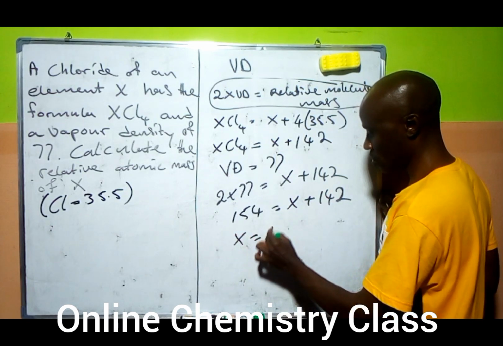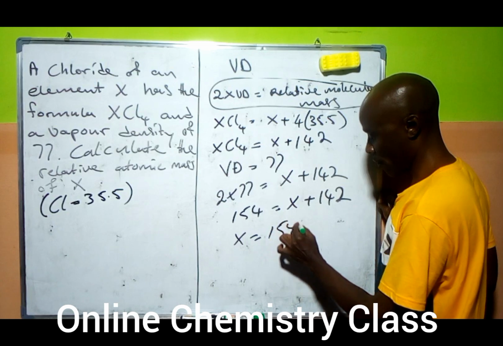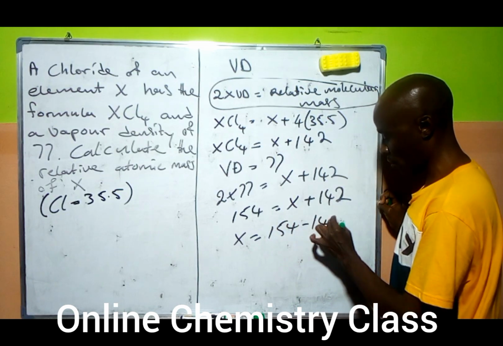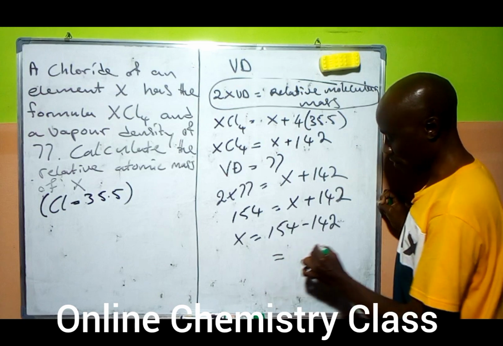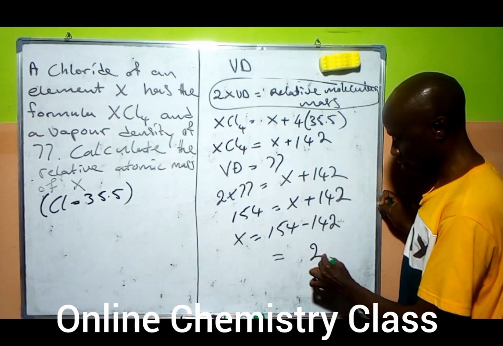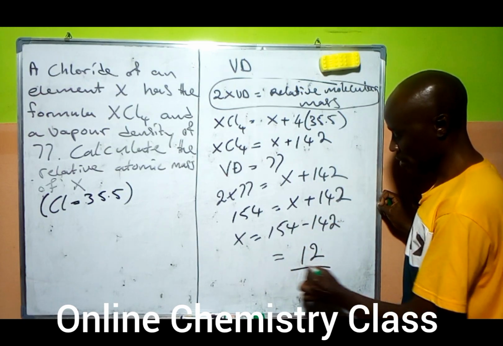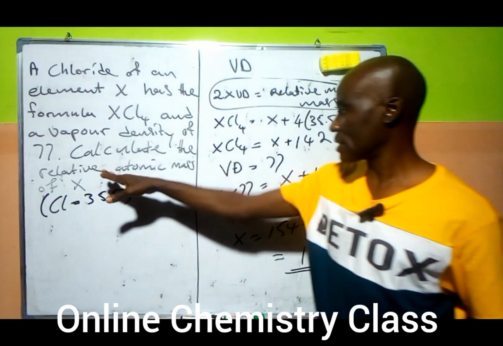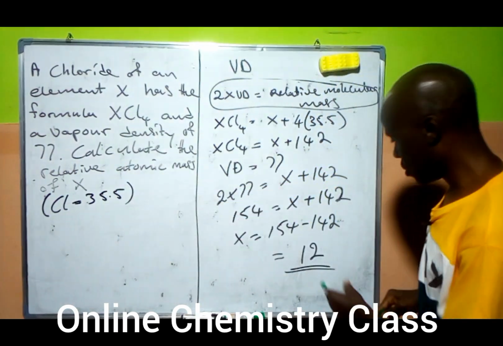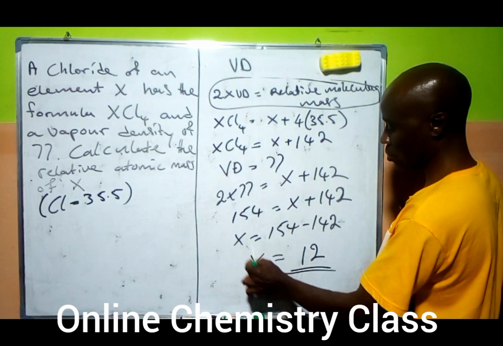We have X equal to 154 minus 142. That will give us 12. That means the relative atomic mass of X is 12. X is equal to 12.